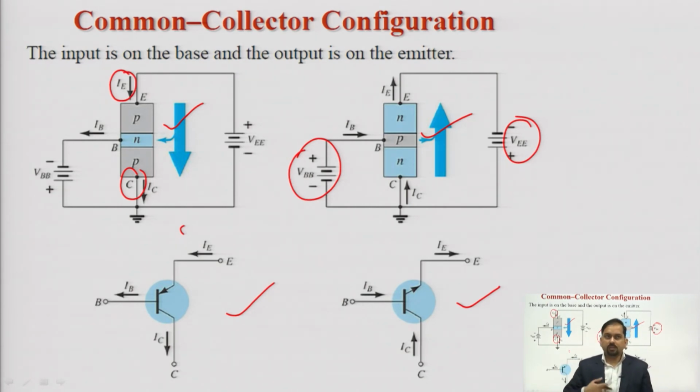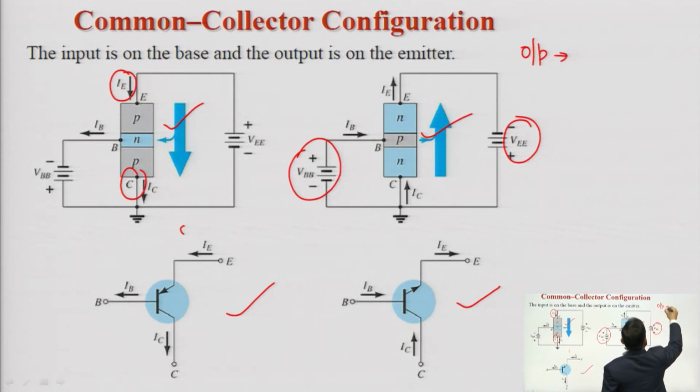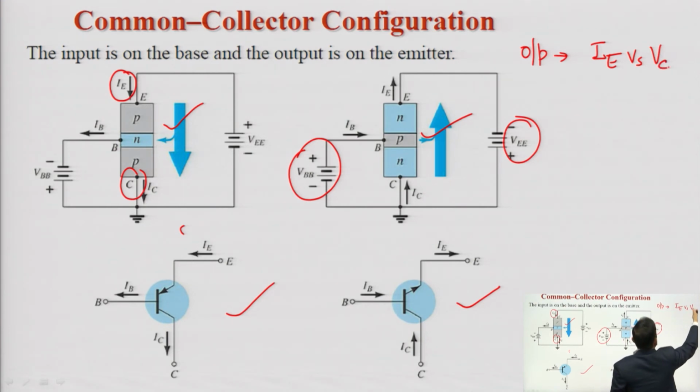The output characteristics for the common collector configuration are between IE versus VCE, and the input characteristics are IB versus VCB.